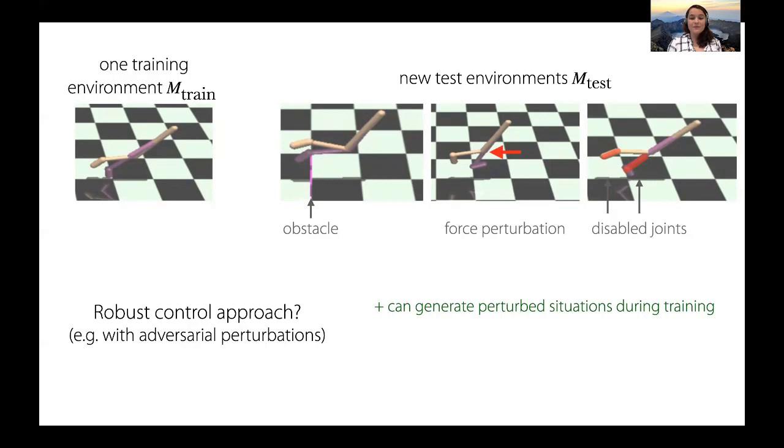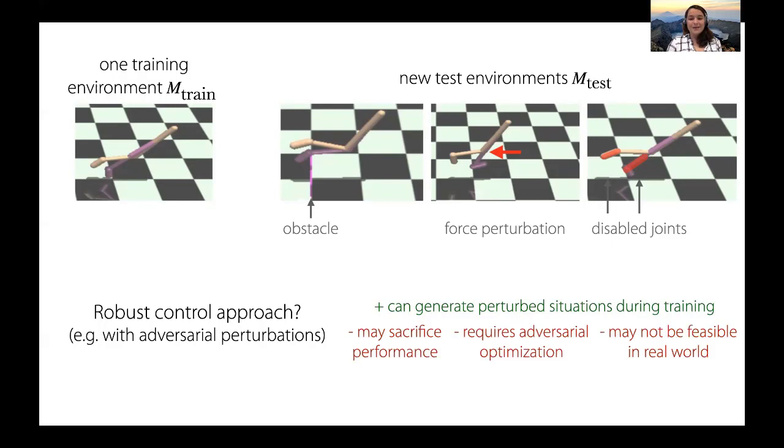And this kind of approach can generate perturbed situations during training and lead to more robust behavior at test time, but it may sacrifice performance as a result if it's challenging to learn a single policy that's robust to all those changes. It requires an adversarial optimization, which may be a bit tricky, and it may not actually be feasible to apply certain kinds of perturbations in the real world without significant human intervention.